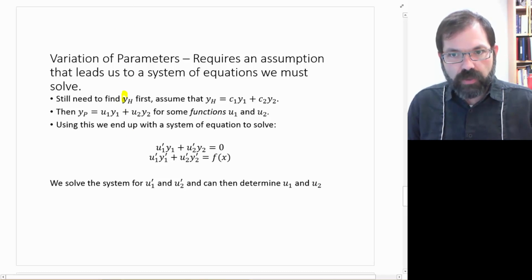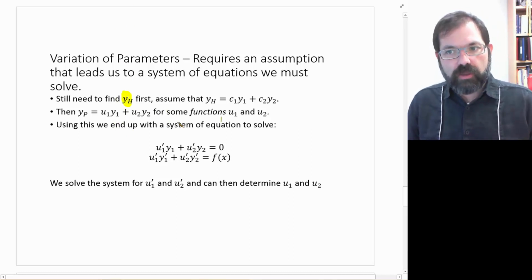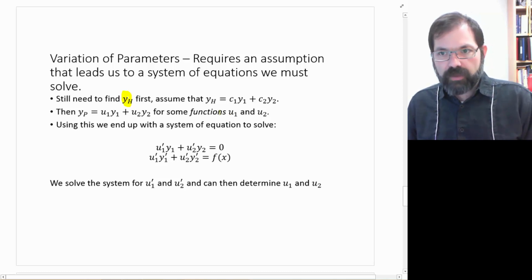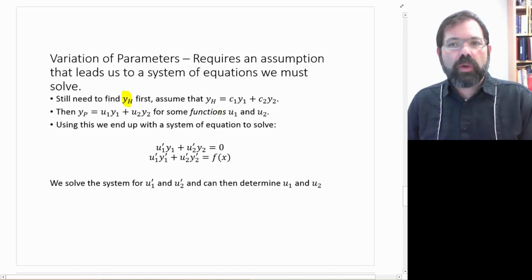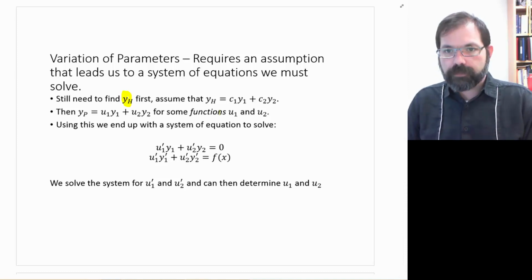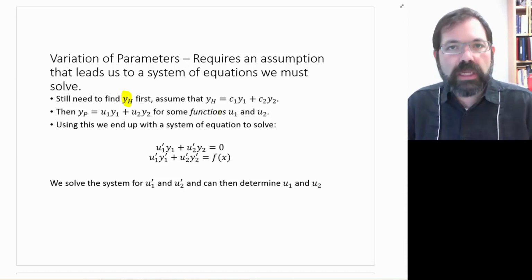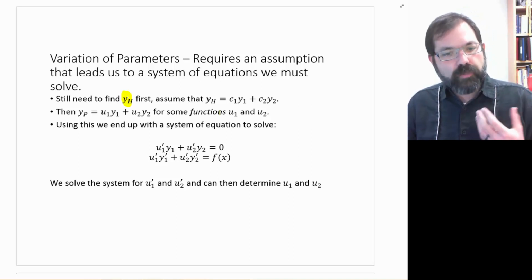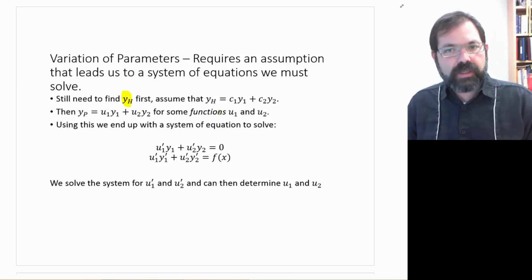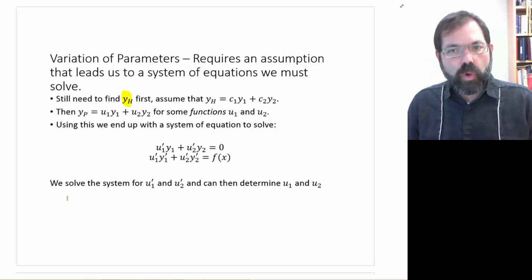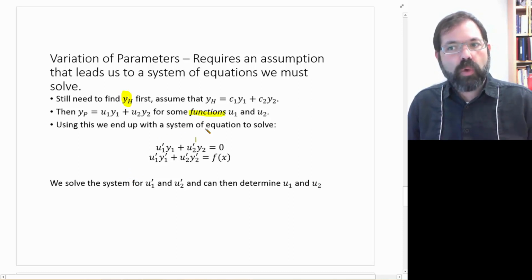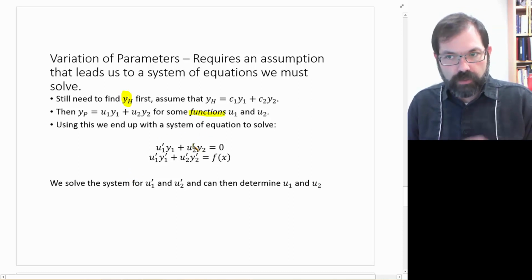So we still find the y sub h first, and we assume that the y sub h is some c1y1 plus c2y2, where y1 and y2 are linearly independent. So then what we do is we say, well, then our particular solution can take this form, u1 y1 plus u2 y2, for some functions u1 and u2.